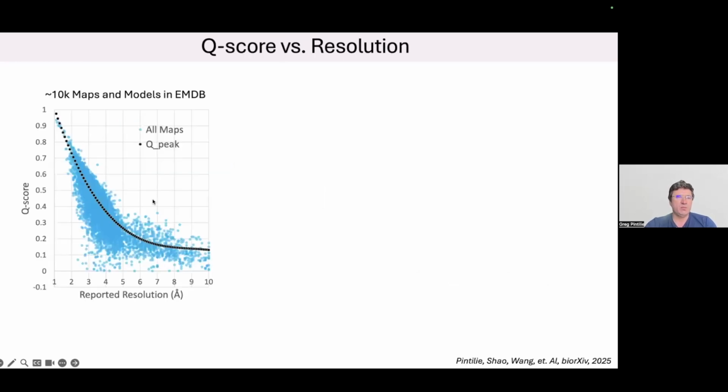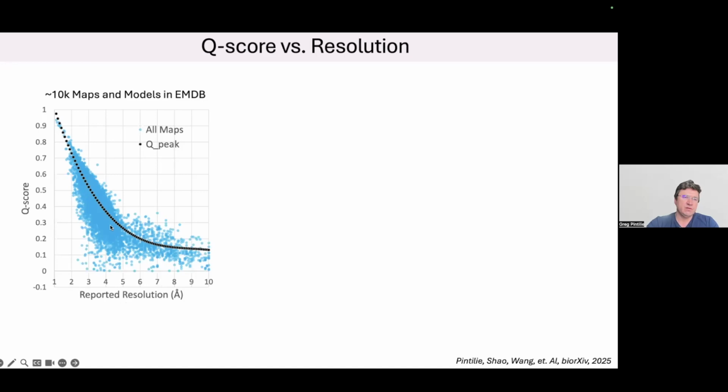And more recently, we applied the Q-score to a lot of maps and models in the EMDB just to see a little better how it fares at different resolutions. Here we calculate the Q-score of every atom in every model, and then for each model it's averaged and plotted versus the reported resolution of the map.